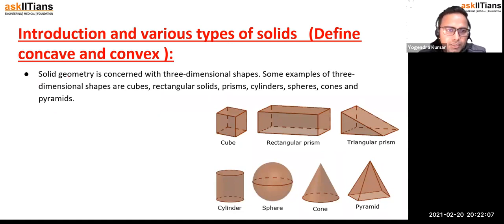I explained it to you. Solid geometry is concerned with 3-dimensional shapes, like this here. Now, one of the basic differences is 2D and 3D.